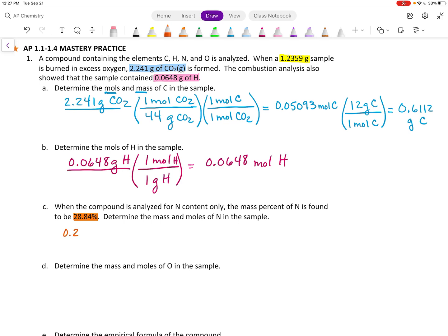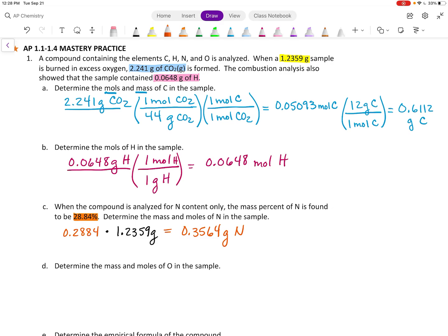We're going to take 0.2884 for nitrogen. We're going to multiply that by the 1.2359 gram sample. And so we are going to end up getting a mass for nitrogen from that, and I subtotaled that already before I made the video, and I got 0.3564, and that's going to be grams of nitrogen.